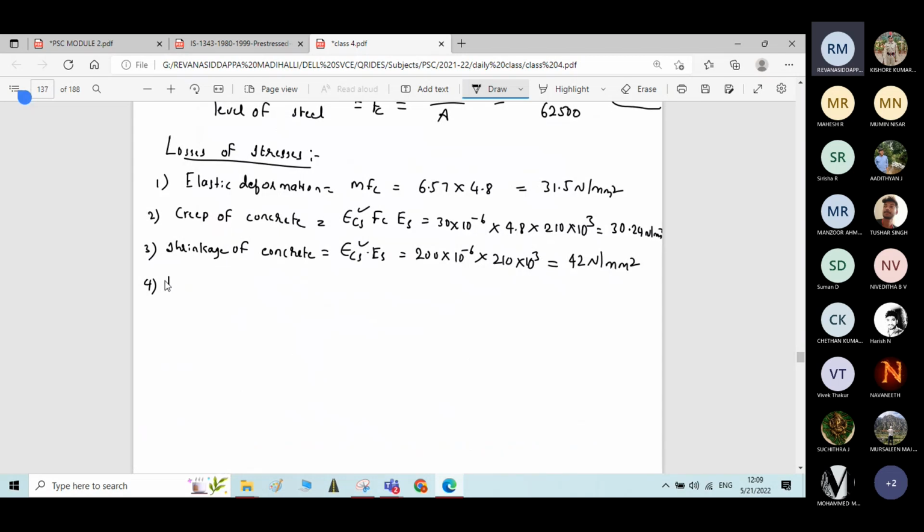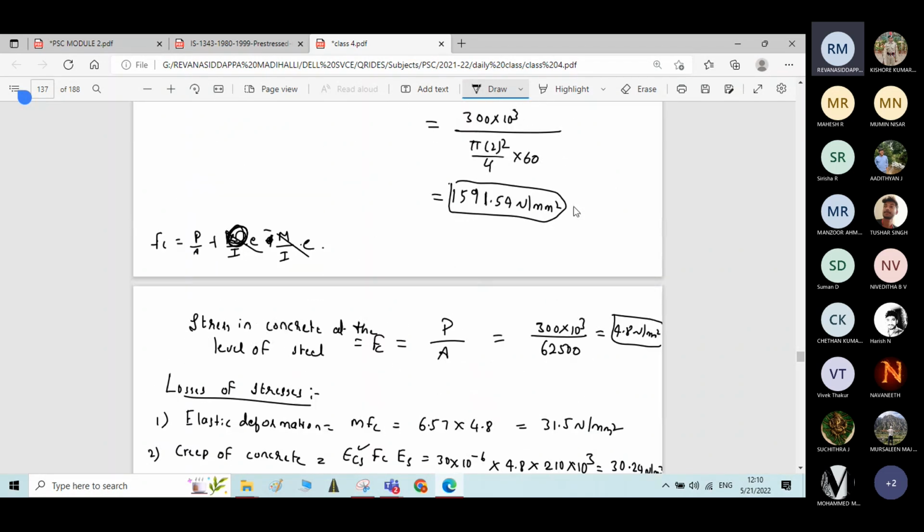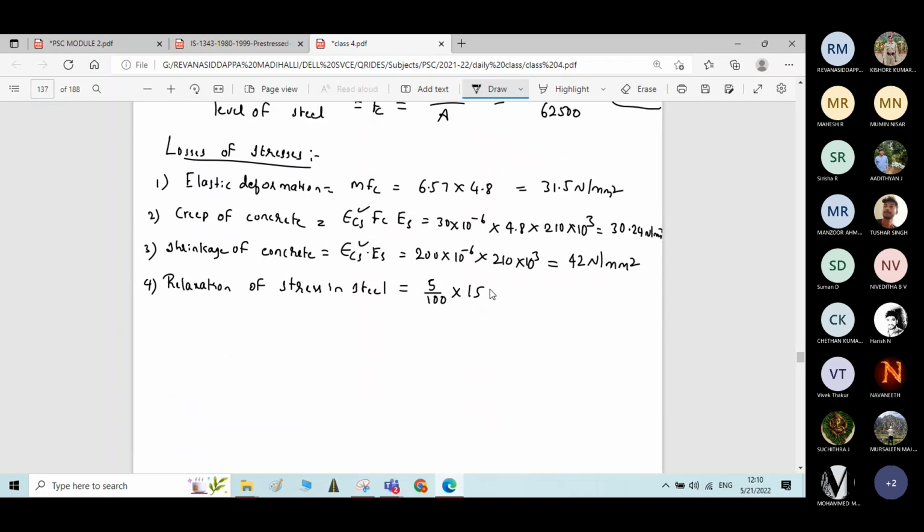Relaxation of stress in steel is 5 by 100 of the initial pre-stress, 1591.54. So we get the answer as 79.57 Newton per mm square.